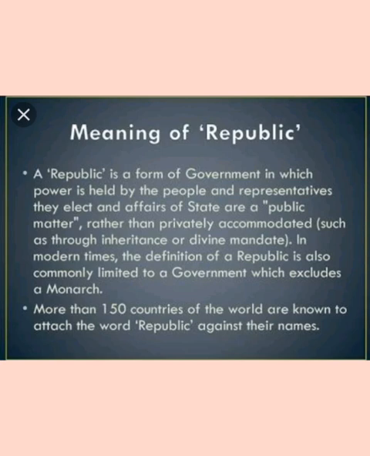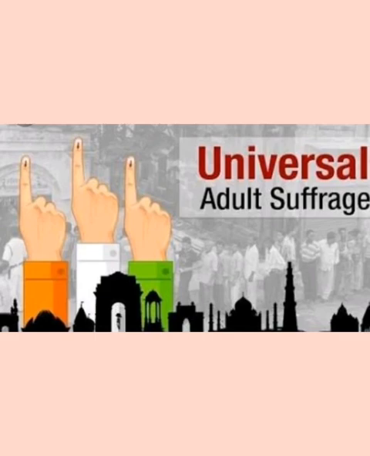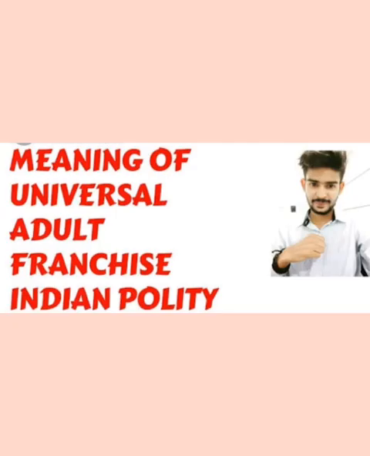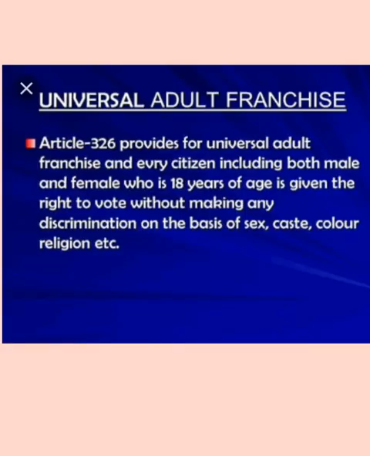Next feature is universal adult franchise. What does that mean? The Constitution gives voting right to every person who is a citizen of India, is not less than 18 years of age, and is not otherwise disqualified under any law.